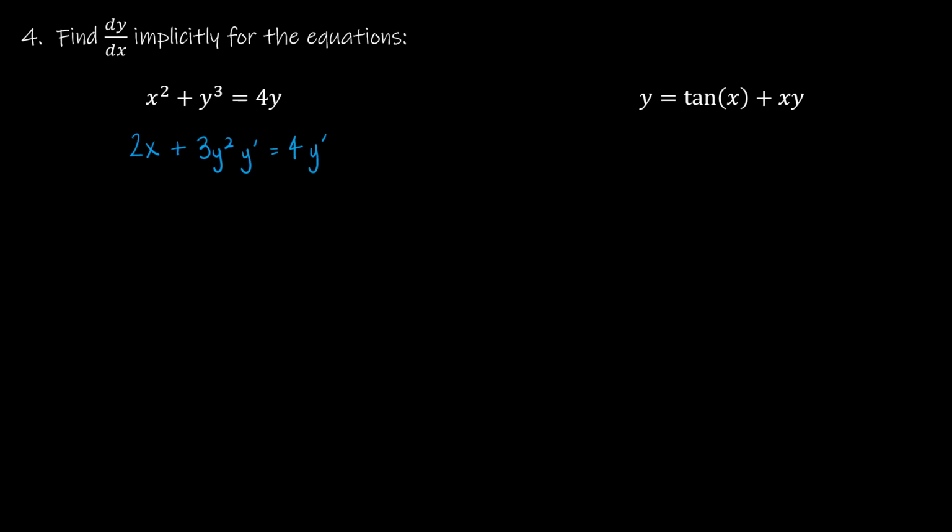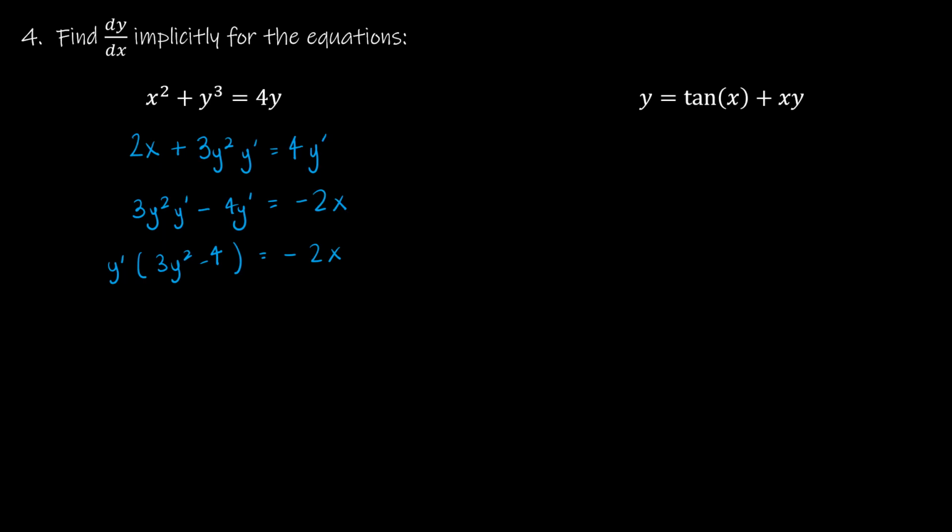Then what we need to do is get all the y primes together, so I'm just going to keep 3y squared y prime on the left. I'm going to subtract 4y prime from each side and subtract 2x from each side, resulting in this equation. Now I'm going to factor out the y prime, so 3y squared minus 4.